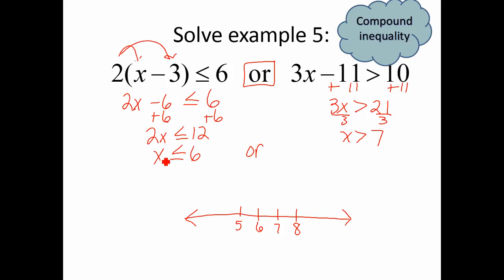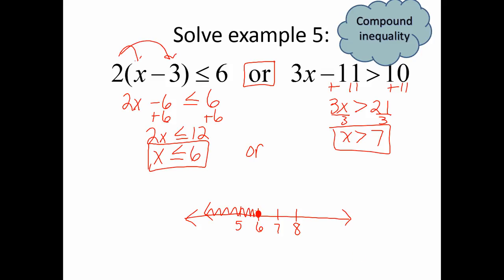This is saying x is less than or equal to the number 6. So on the number 6, you can fill in the dot because it's or equal to. That means it can be 6. It doesn't have to stop at 5.999. Now, where are all the numbers that are less than or equal to 6? This side.